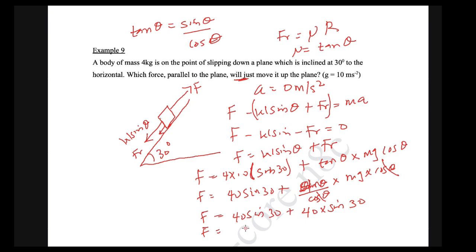All right, let's just simplify. 40 times sine 30 is 40 times 0.5, which is 20, plus 40 times sine 30, which is also 20, which is going to give 40 newtons. So the force that is needed to make it stay up the plane is equal to 40 newtons. All right.